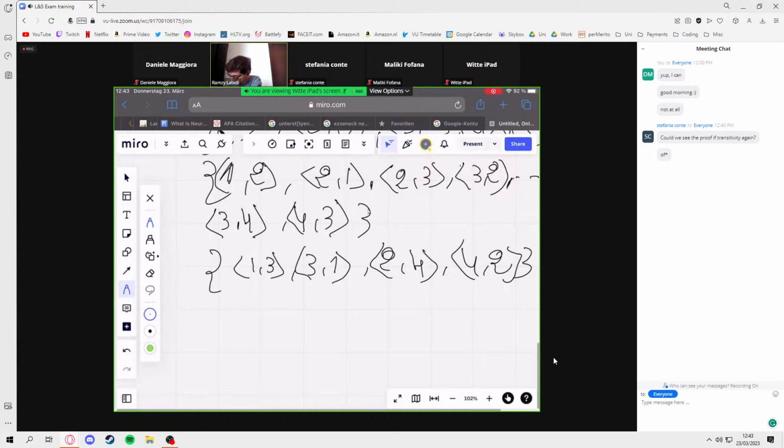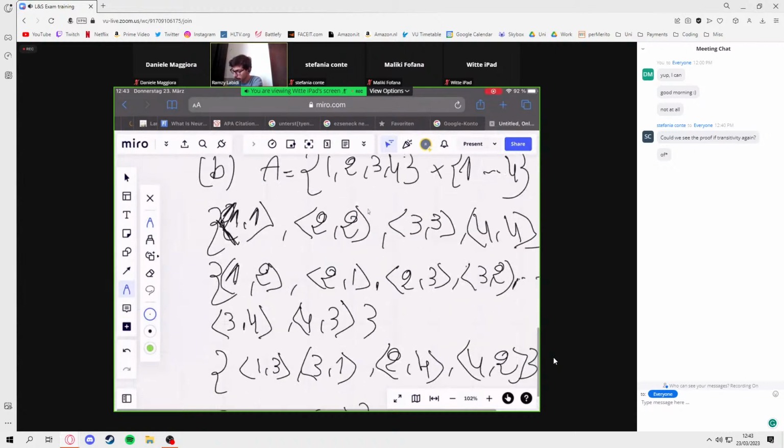Of course, one second. So I'm going to just finish enumerating all possible combinations. Feel free to do this however you want.